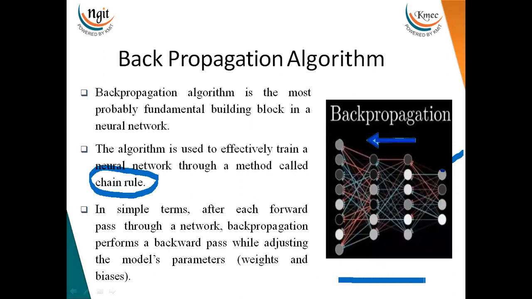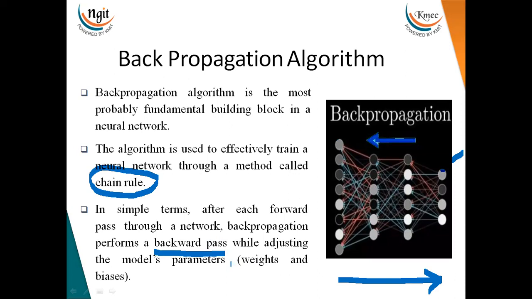Generally, in the forward pass we proceed from input layer to output layer, with the hidden layers in between. But in backpropagation, based on our predicted output, we have to come back to the input layer. That's why it is called backpropagation. So backpropagation performs a backward pass. Why do we have to go in the backward direction?